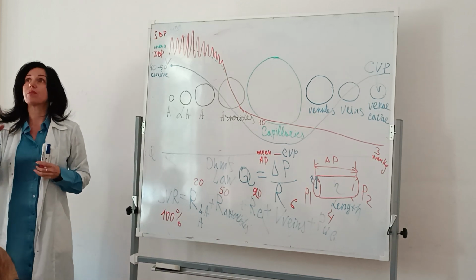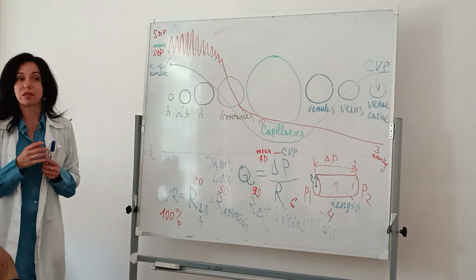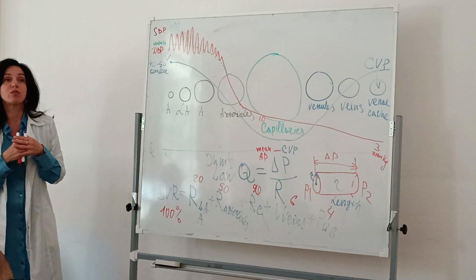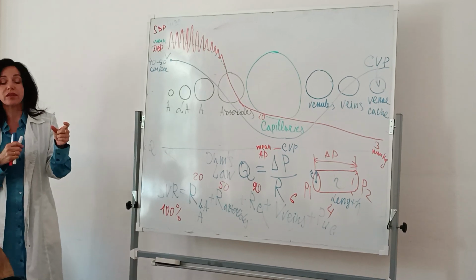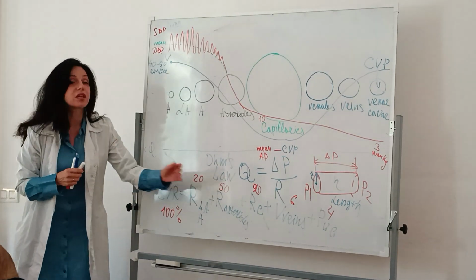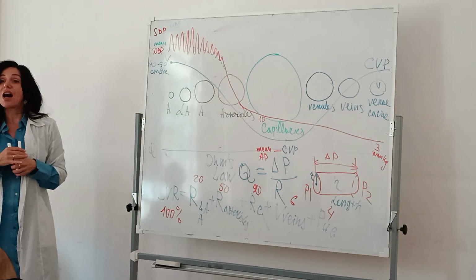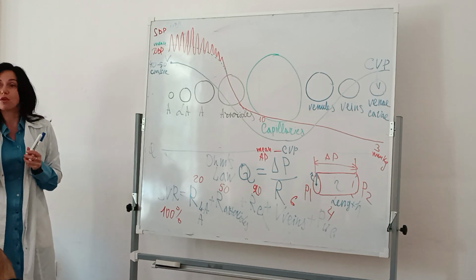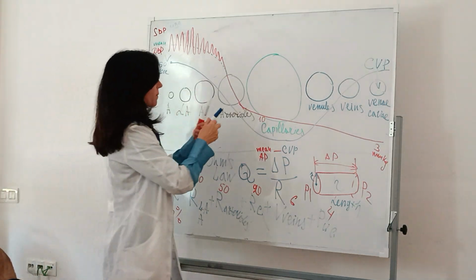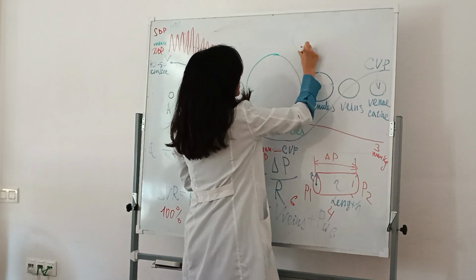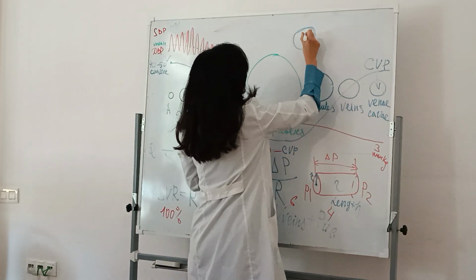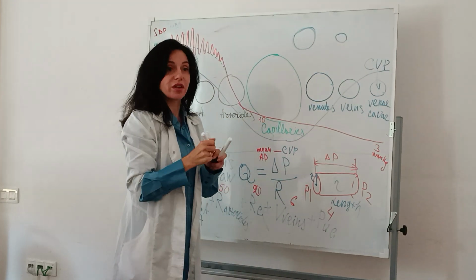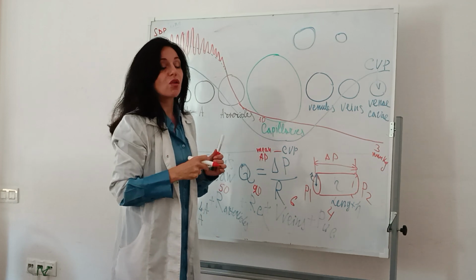Resistance is provided only by smooth muscle. Which blood vessel has a thicker smooth muscle layer, tunica media: arteries or arterioles? Arteries. Absolute thickness is more in arteries, which have a thicker internal elastic lamina.